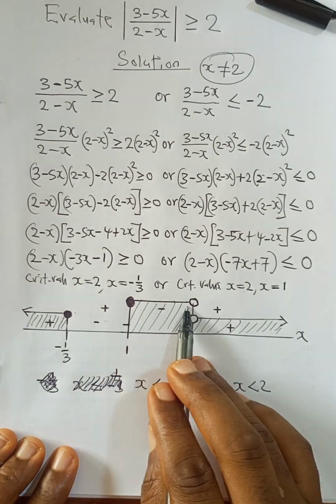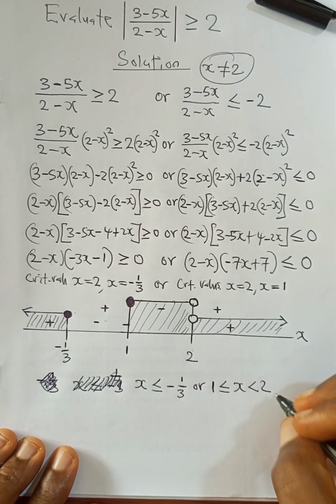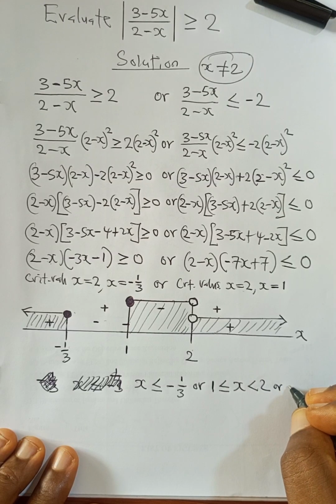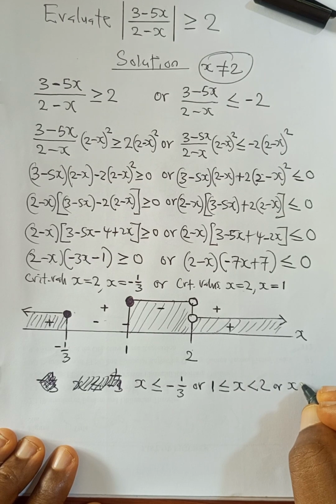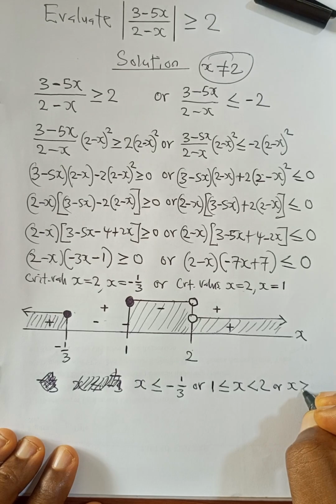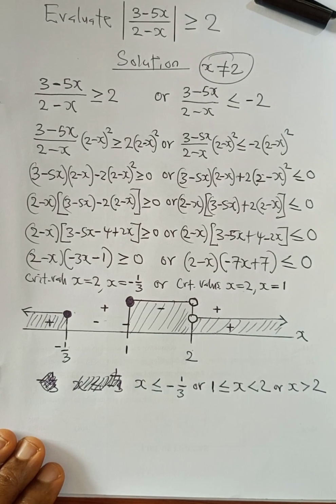That is the joining of this from here to here, then from here to here, or S is greater than 2. Can you see it now?